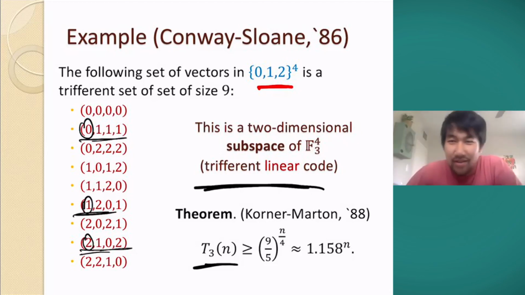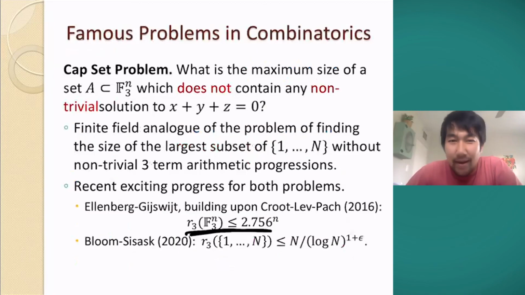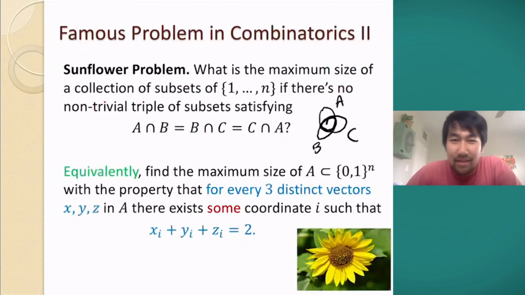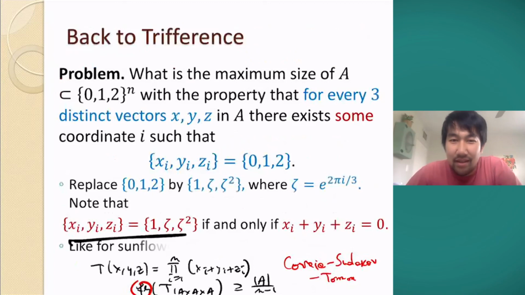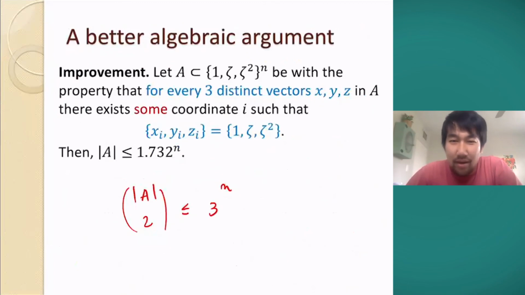Now I have a question. It's interesting to see that when you replace the set {0, 1, 2} by {1, ψ, ψ²}, you get some improvement. Is this new set somehow optimal, or have you maybe tried some other roots of a cubic equation?